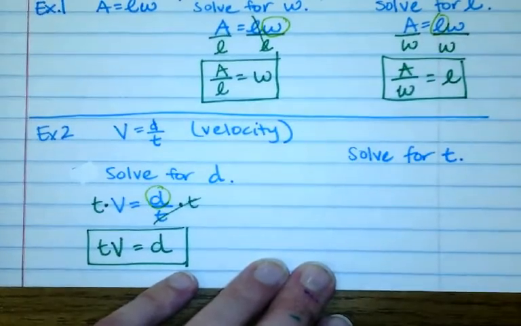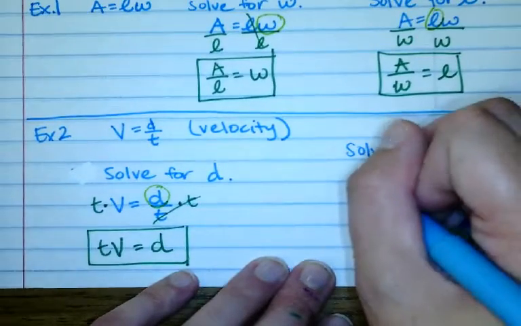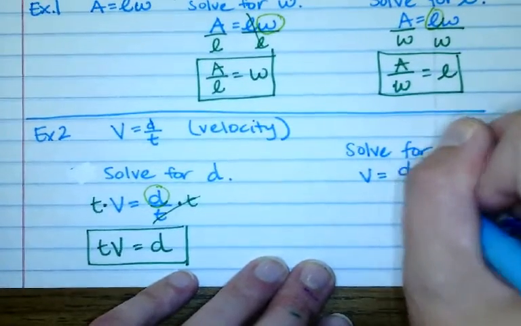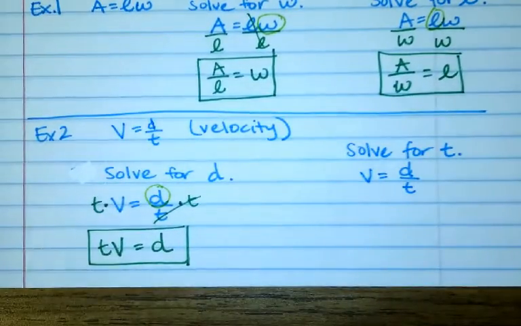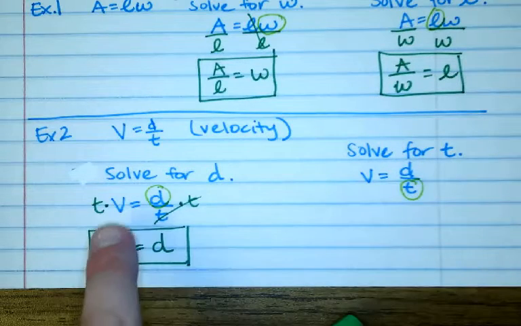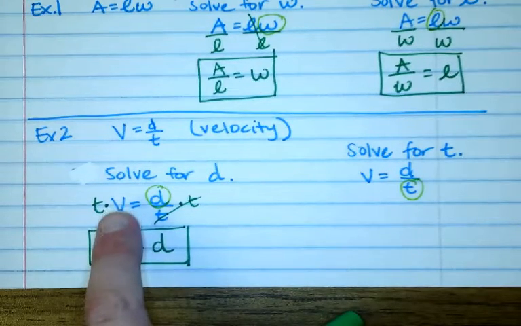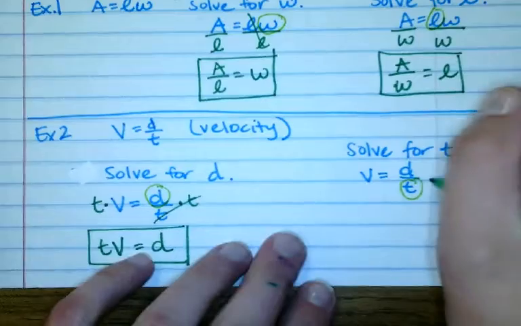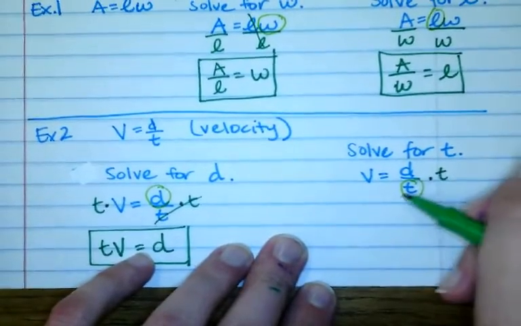We have our v is equal to d over t. Okay? So right now, the t is in our denominator. So guys, if I was going to solve for t, we need to get it out of the denominator. So we are actually going to start this one the same way we did this guy. Okay? So let's check it out. We're going to multiply this side by t so we can get it out of the denominator. Okay?